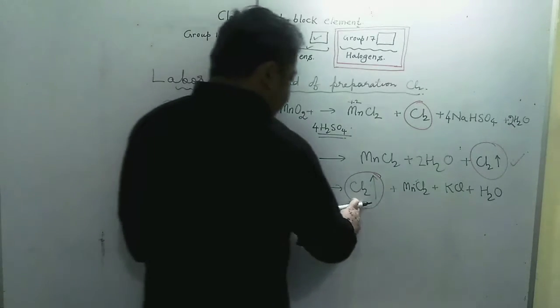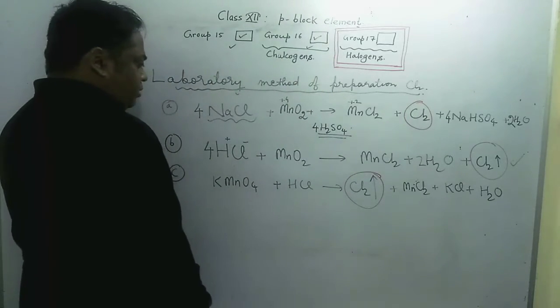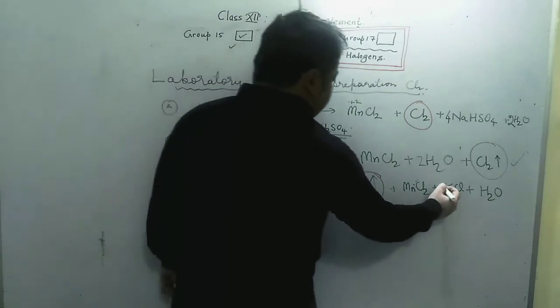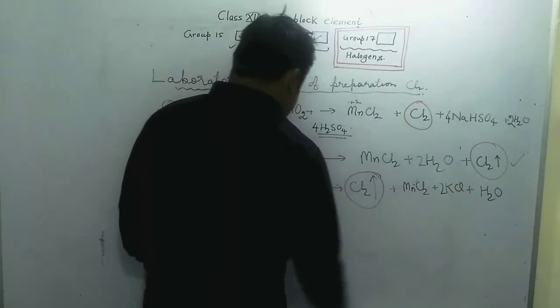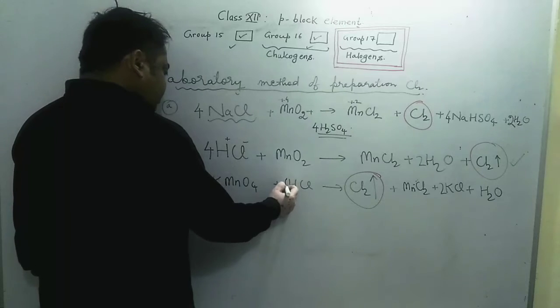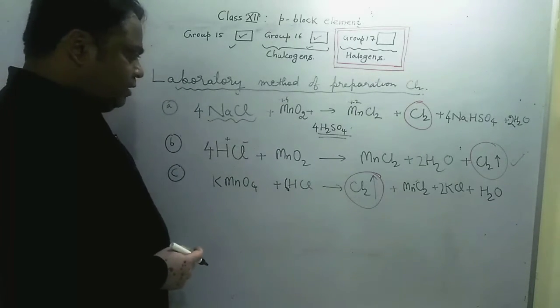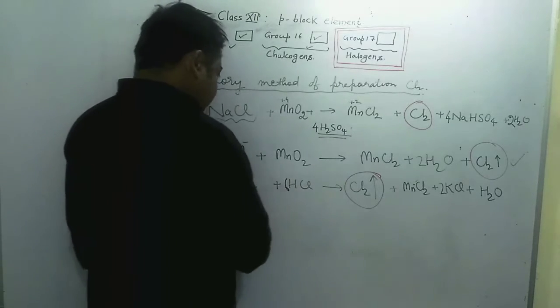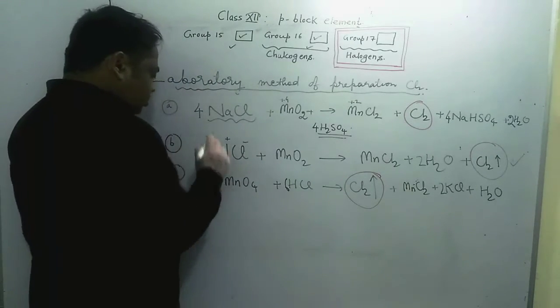How will we balance? Two chlorine here, 2 chlorine here, and 1 chlorine here. So 5 chlorine. If you make it even, we'll multiply this with 2, then it will become 2, 2 and 2, 6. So we can make it 6. Now if you make it 6, then this also has to be made 2.